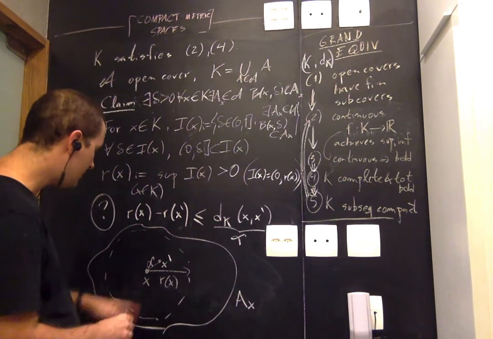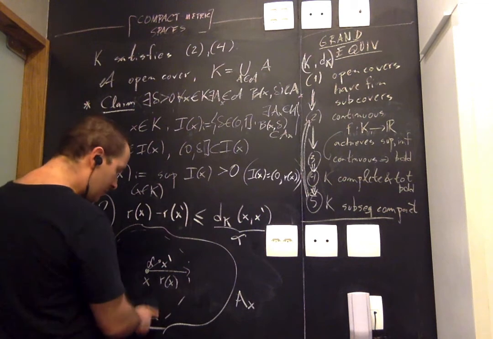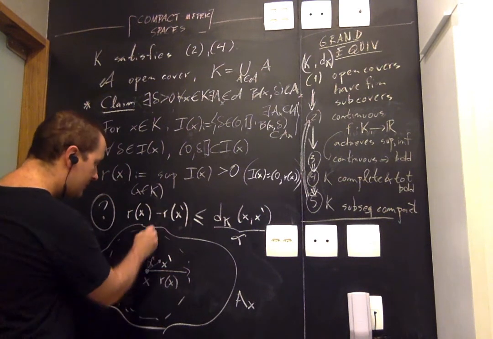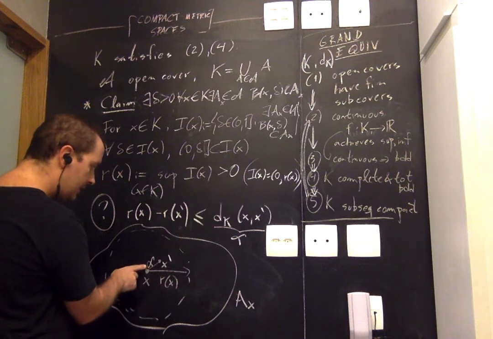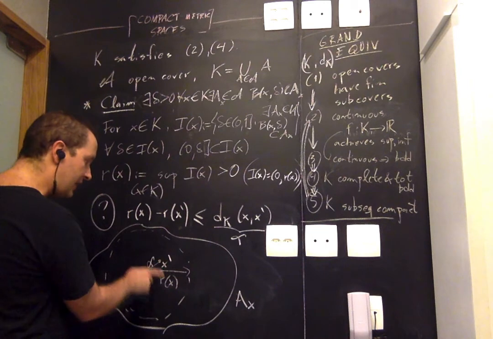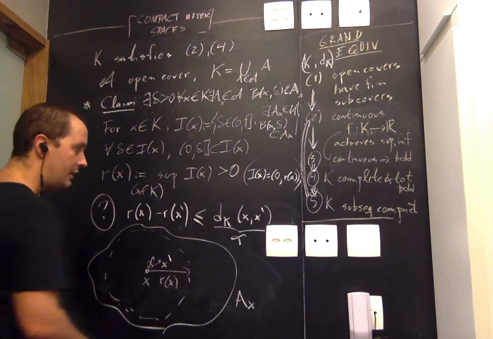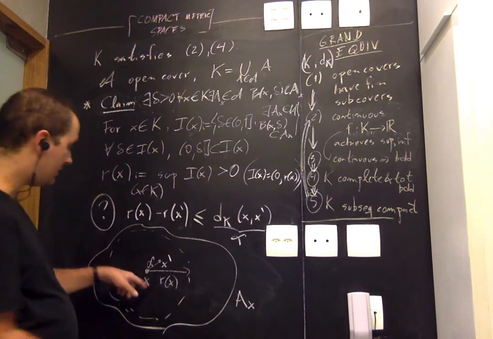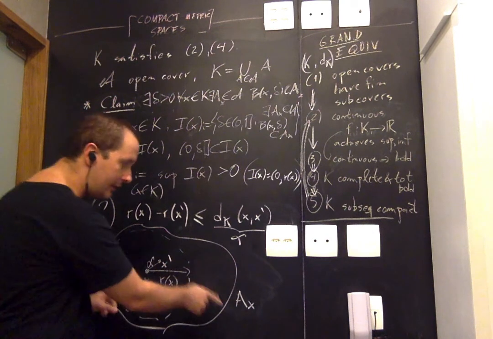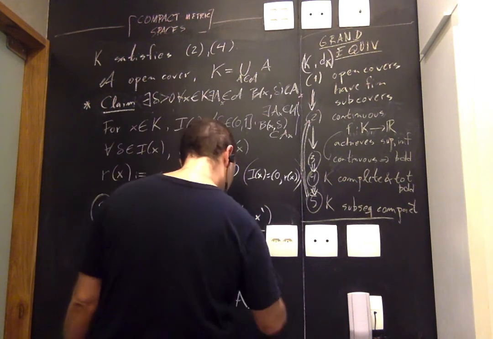To repeat, my picture is not very good, and I'm going to explain why in a second. But my claim is that if I take this ball of radius r of x minus alpha around x prime, then this ball is entirely contained in the ball of radius r of x around x, and therefore entirely contained in this set A sub x that belongs to my open cover.